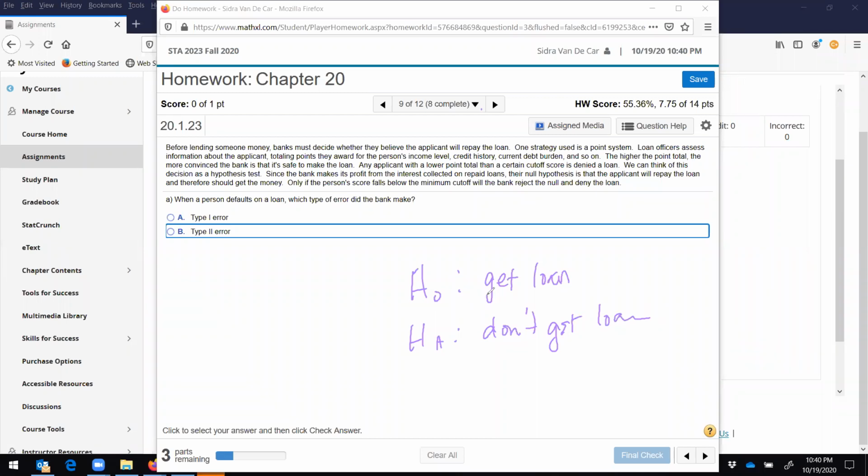So if we determine that they should get the loan when they're really going to default on it, we're not rejecting the null. So we are failing to reject the null if we give them the loan, but we really should have rejected the loan. That's a type 2 error.